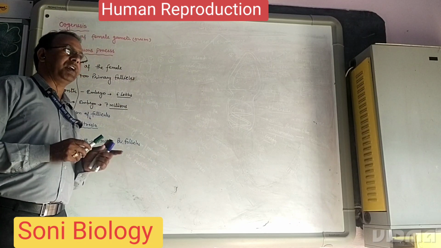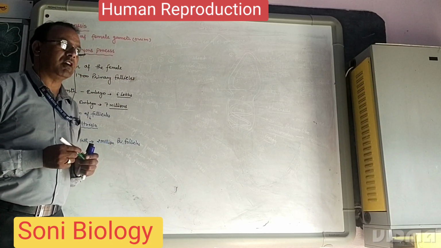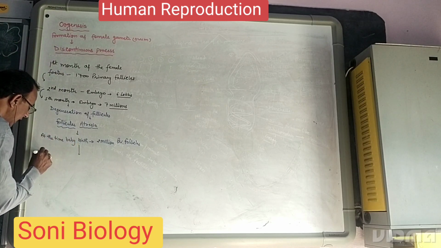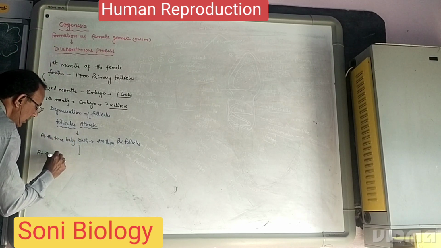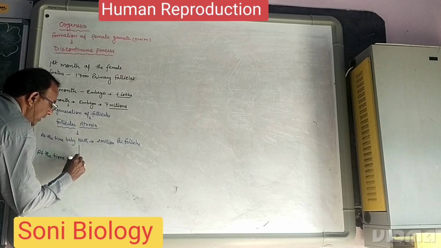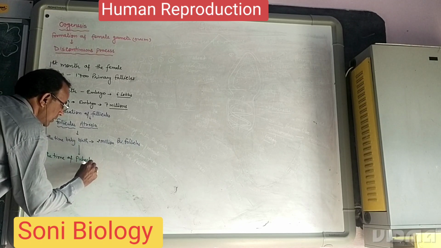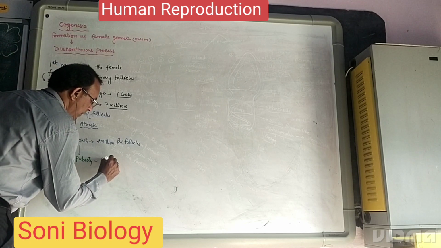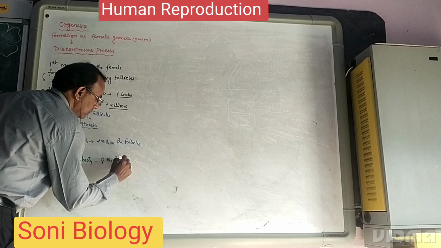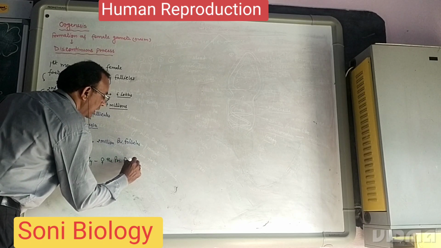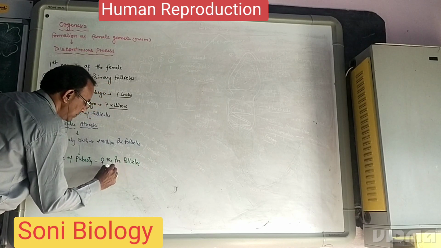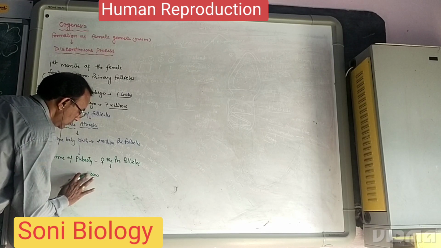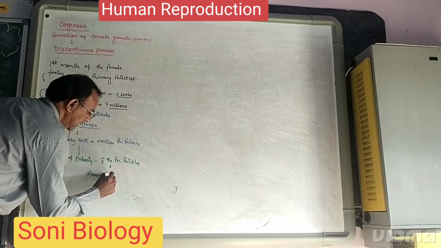At the time of puberty, the number of primary follicles remaining in the female is 60,000 to 80,000.